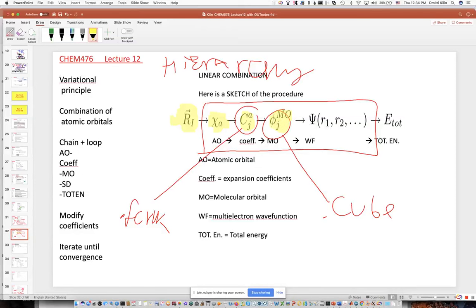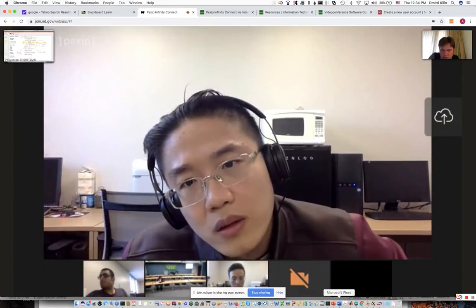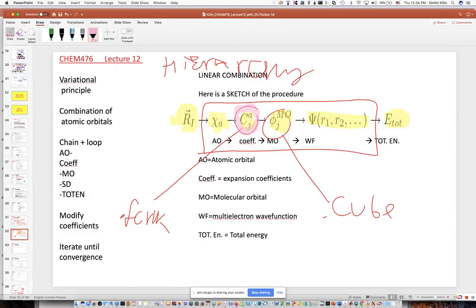And then one can use the Slater determinant procedure to set up the multi-electron wave function and find the total energy. So in this streamline, the only thing that we are allowed to change is the C coefficients, because all other procedures and elements are already set in stone. So in some sense, Hartree-Fock theory is the theory to find atomic wave function expansion coefficients, how atomic orbitals are converted into molecular orbitals.